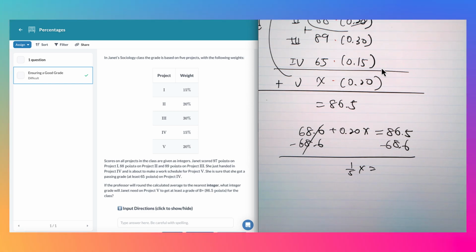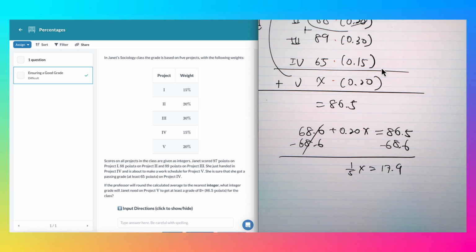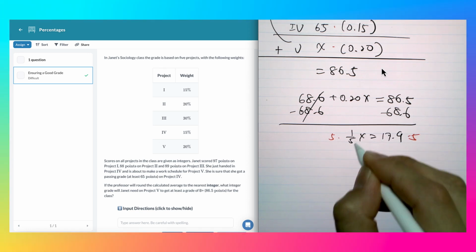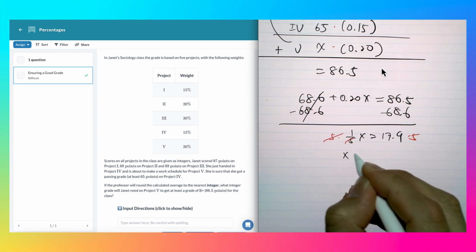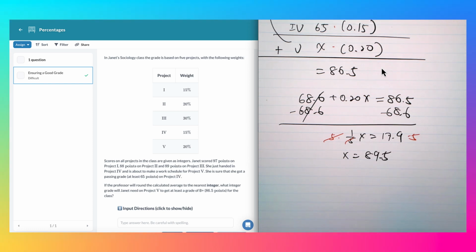Okay, you get 17.9 here. So when you multiply this by 5, x is equal to 89.5.